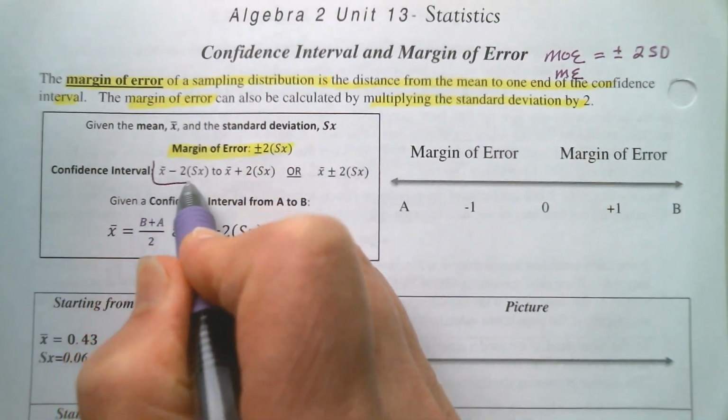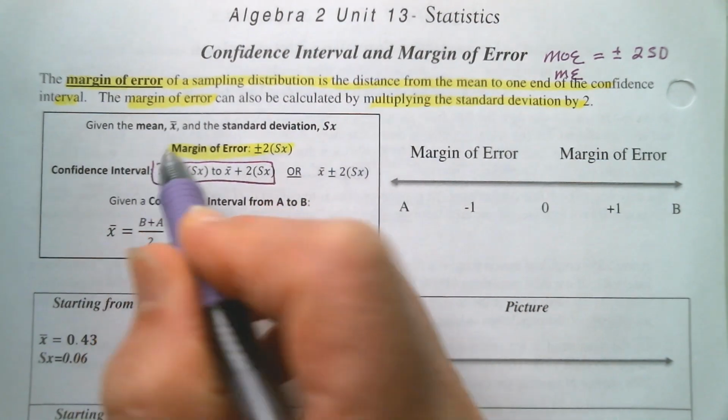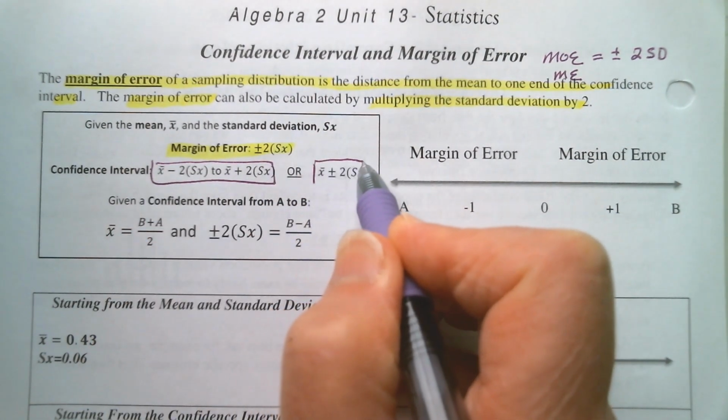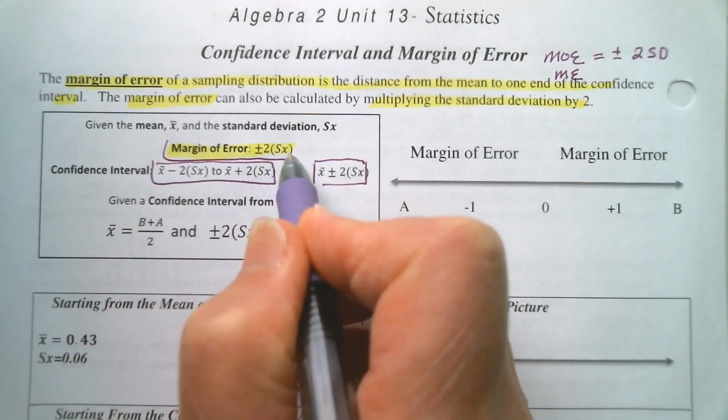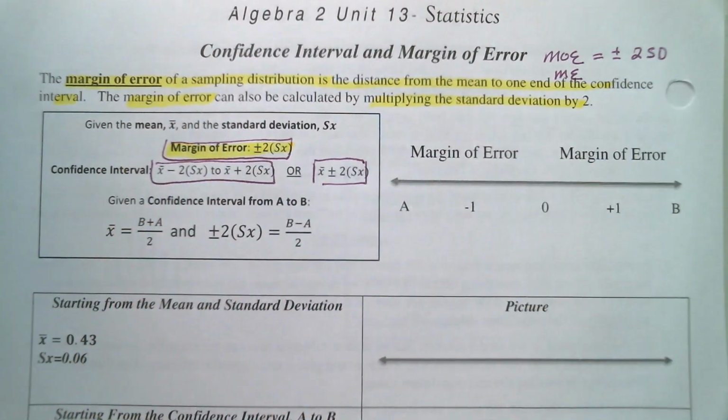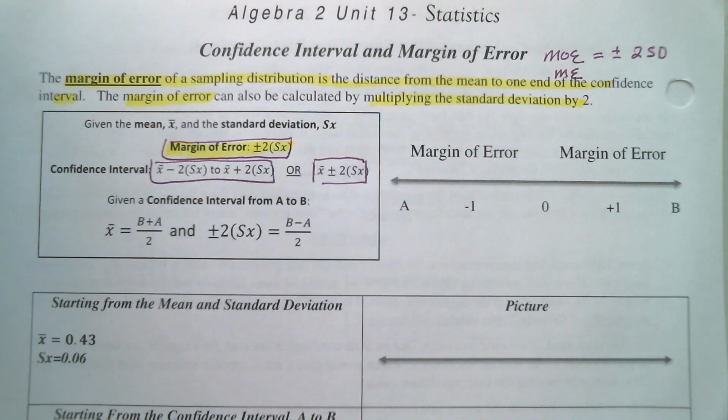This is our confidence interval. You have to know this. You have to memorize that. And the same with the margin of error: plus or minus 2 times the standard deviation.